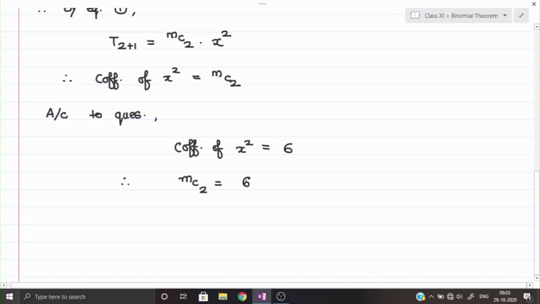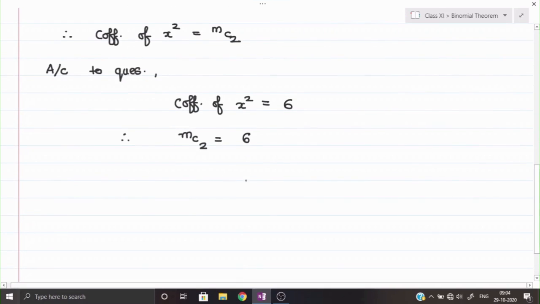Now if I compare both of them, how can we get the value of m? We need to open mC2, there is no choice. If I open mC2, this will be factorial m upon factorial 2 into factorial m minus 2.